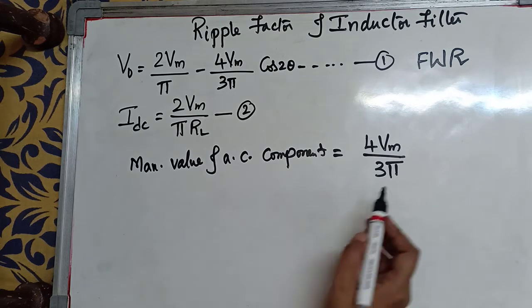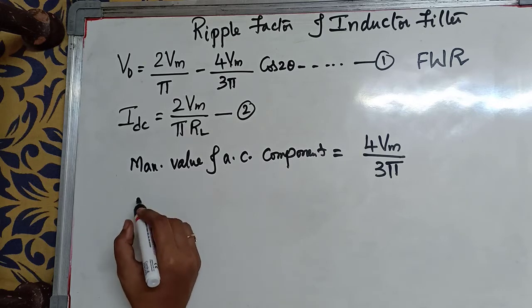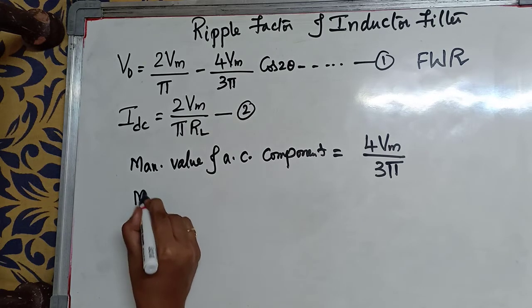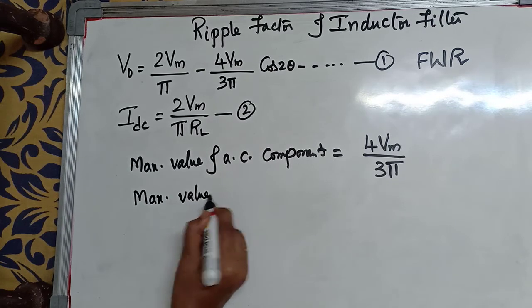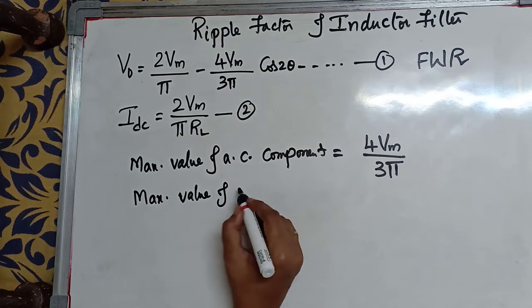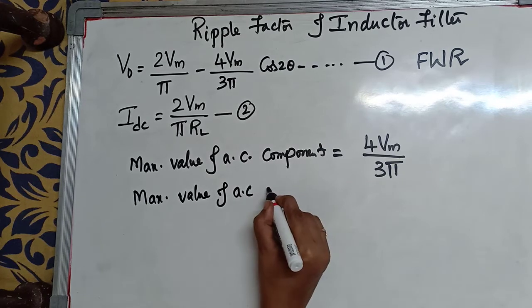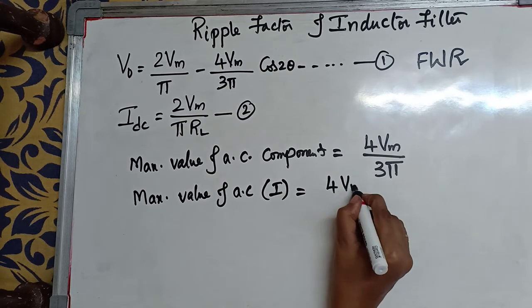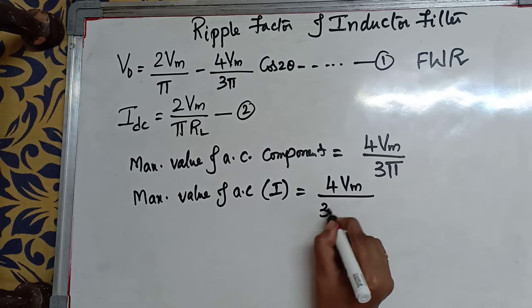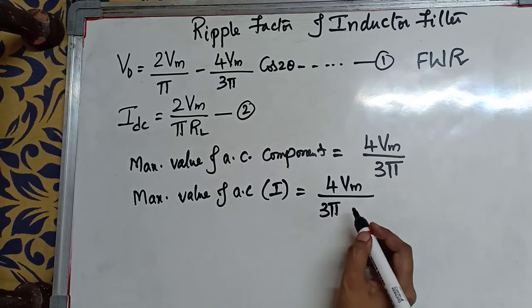Now from this equation I can next write the maximum value of the AC component of current. Maximum value of AC component in terms of current, I can write as 4 Vm by 3 pi divided by the resistance.